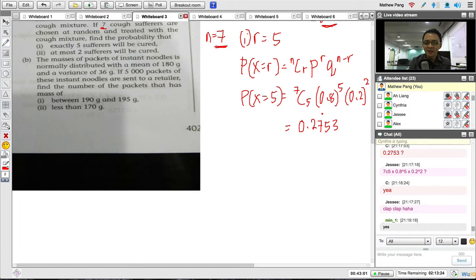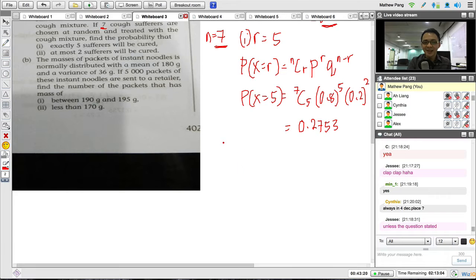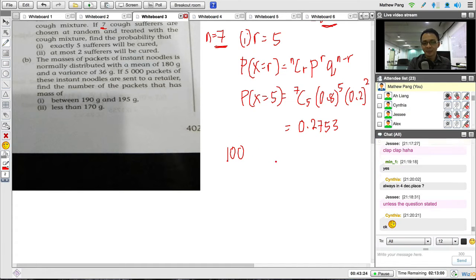Okay, however, if you got the answer, you also need to understand the meaning of the answer, right? You can't just get the answer for nothing. Normally I will use 4 decimal places, it's more accurate. Now let me change the question. Let's say same condition, but I test on 100 patients, and I want to find exactly 5 sufferers cured.